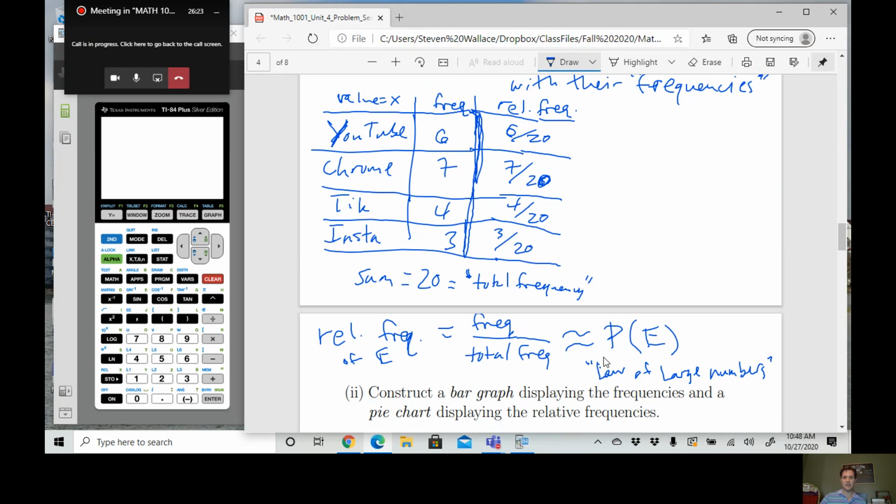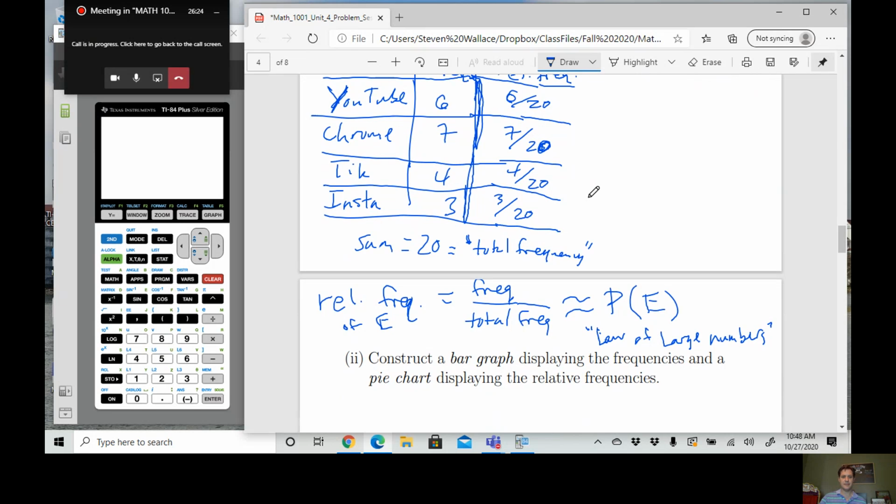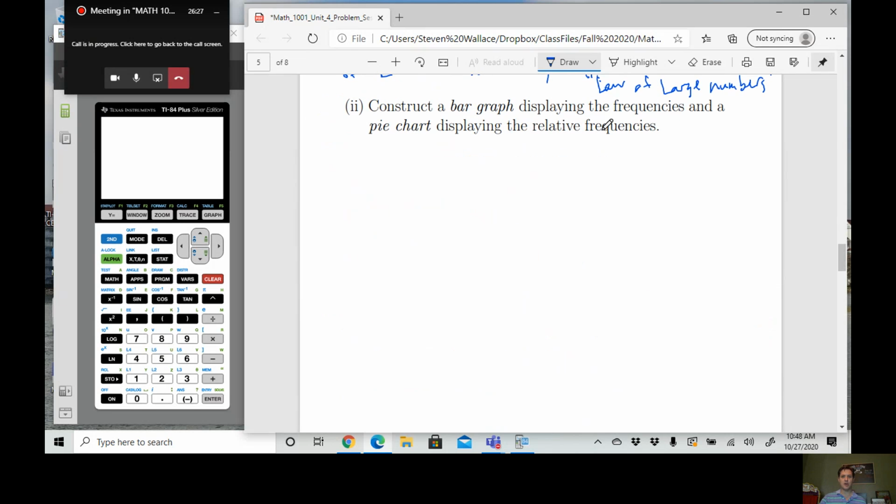Anyway, that's where this all comes from. Bar graph, pie chart. A bar graph is just, you put all the possible values of a variable on the horizontal axis.